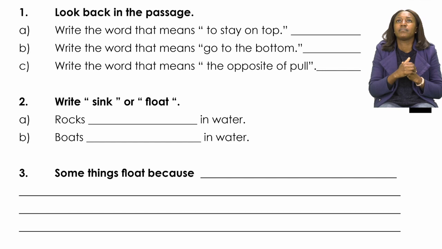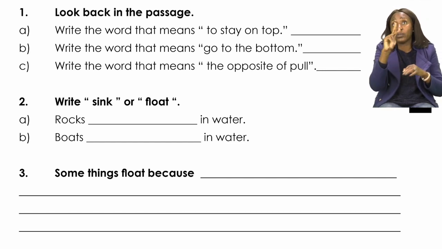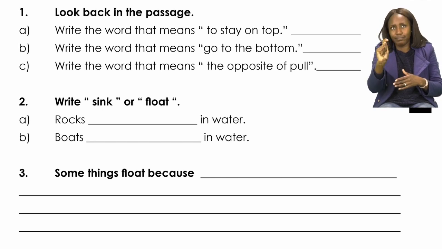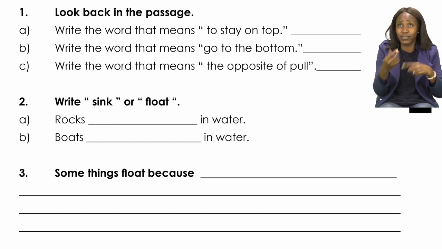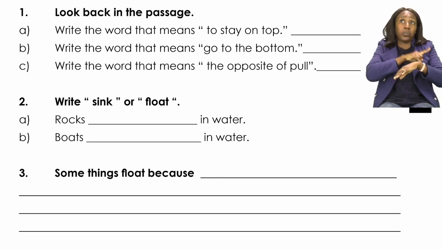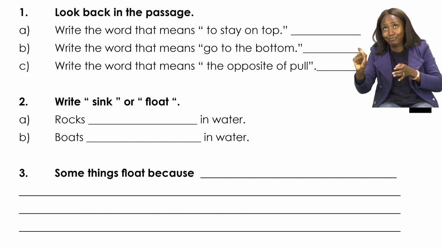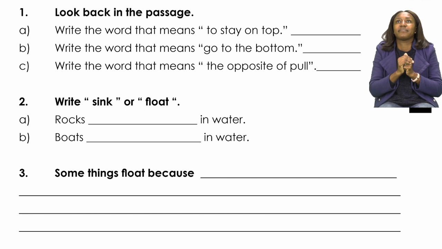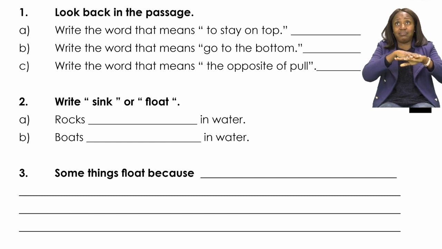So you're going to choose between the two answers on top, sink or float. Number 3 says, some things float because. Some things float because. So for number 3, it is up to you to find out why some things float. And I'm sure the answer is also in the passage.